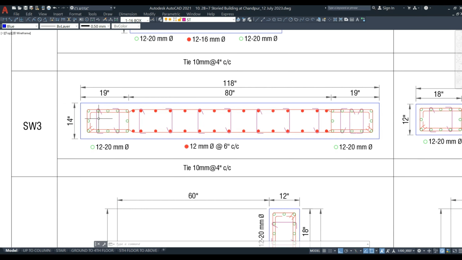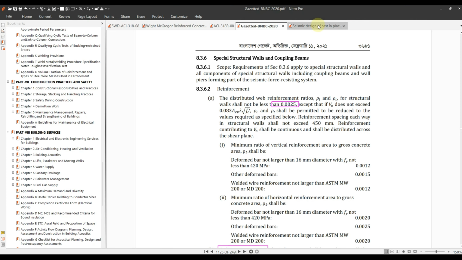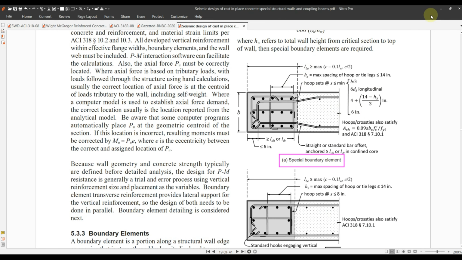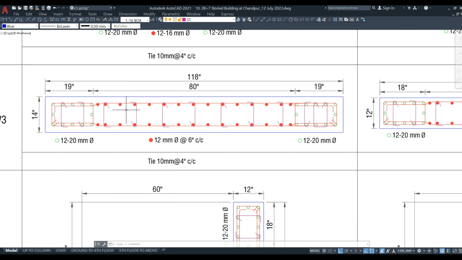So here you provide all your hoops reinforcement as per the code requirements, which I had shown you here. This criteria has to be fulfilled. And then here you can provide tie spacing at a spacing of say 12 inches or something like that, or since it is 6 inches, then you are providing at every 12 inches. So it's okay.